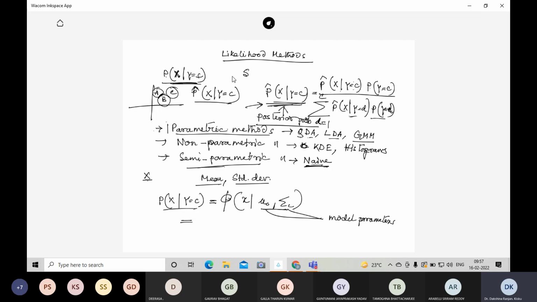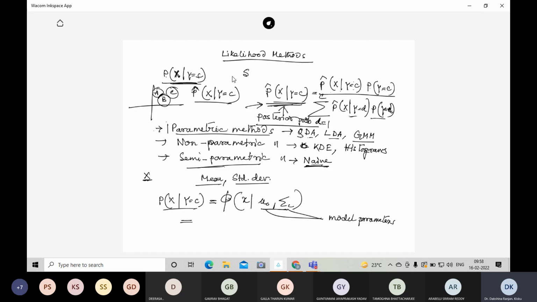How can we do that? We will take help of the parametric method. If we use the parametric method, then we have already made the assumption that it follows the normal distribution, and the number of parameters is fixed.